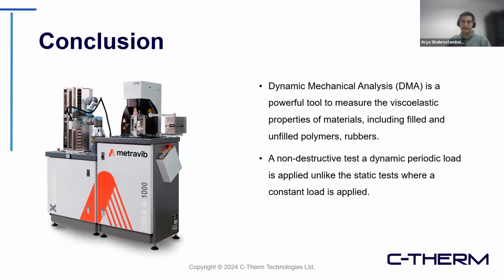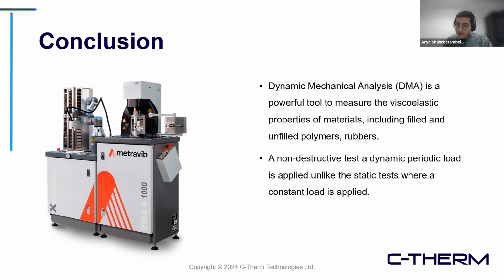So the conclusion of this webinar: we went through some theory of viscoelastic properties of the material and how dynamic mechanical analysis works. And we learned that DMA is a powerful tool to measure the viscoelastic properties of the material in different ranges of materials, including filled and unfilled polymers, rubbers, and soft materials.